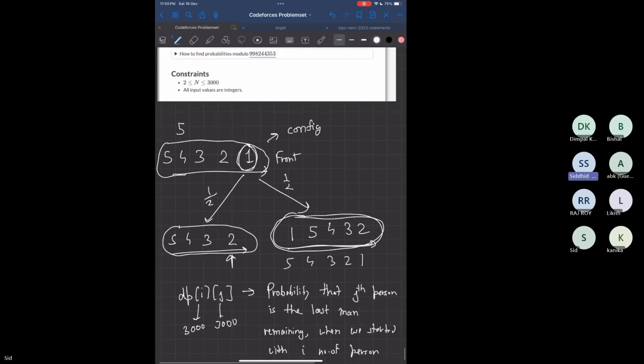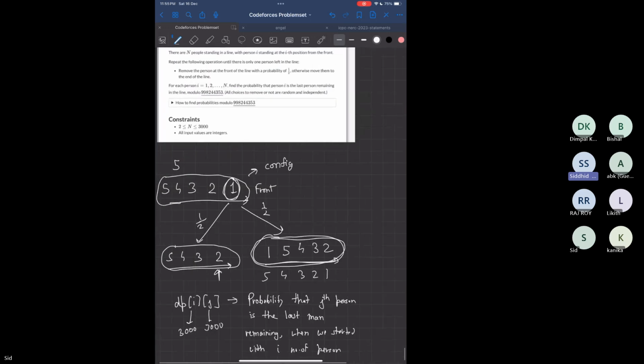So let's consider for just a sec that we have already calculated the probability of each one of these. So basically we know the probability of the fifth person staying at the last.